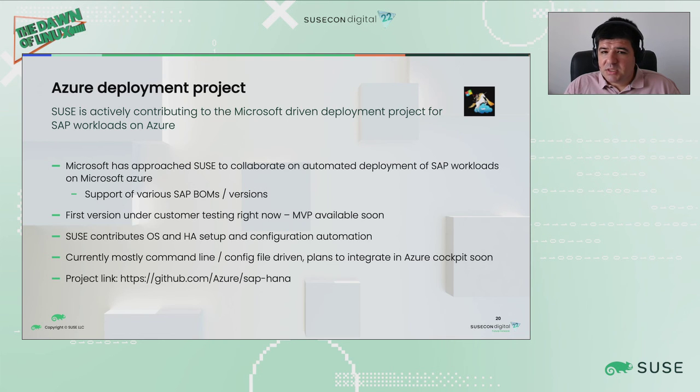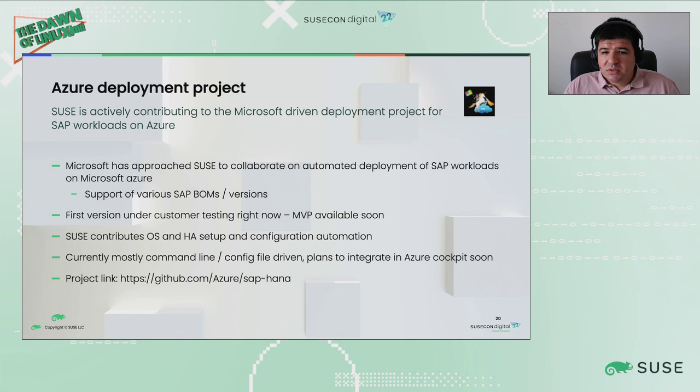So last but not least, let me talk a little bit about a nice project that we developed together with Azure around automation deployment. In collaboration with Microsoft, we partnered up to make sure that they have the right automation and deployment parameters configured when deployed on Azure.